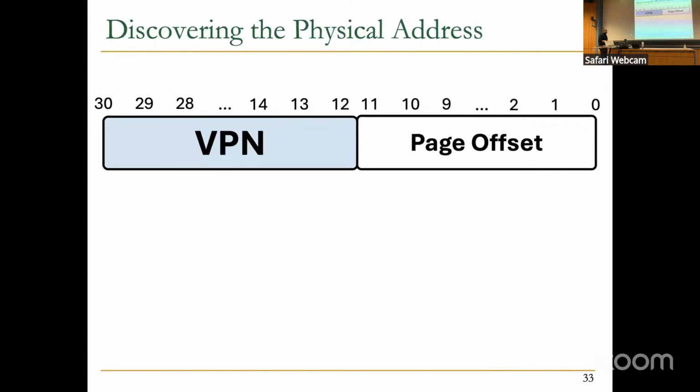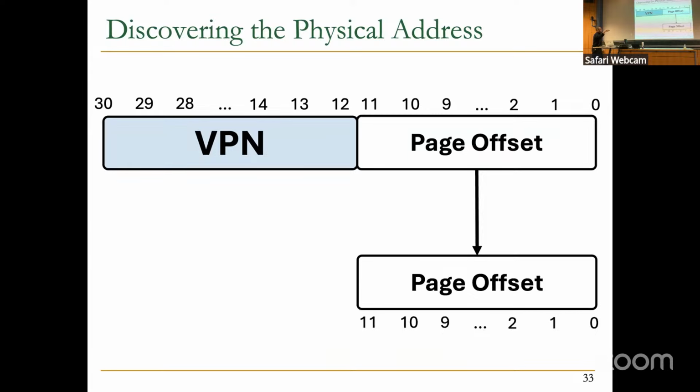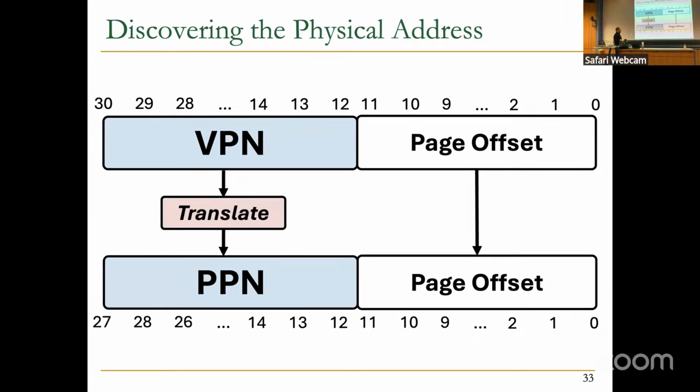How does this work? For example, I have this specific virtual address, and do we need to translate the page offset? No, we can easily find out the location inside the chunk using the last 12 bits. I don't need to translate it. What I need to translate is the top MSBs, the virtual page number, to the physical page number.